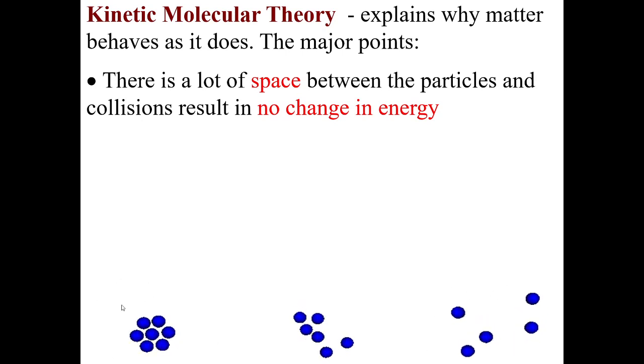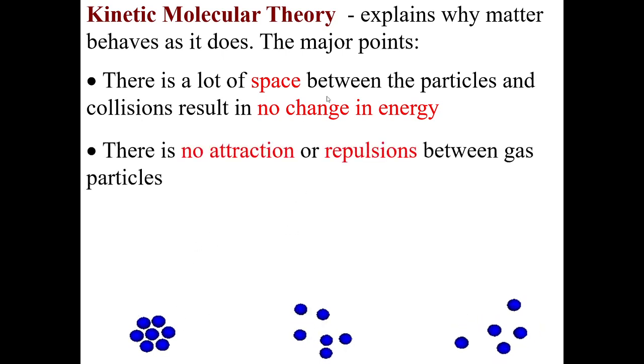They show a solid on the left, a liquid in the middle, and a gas on the right, representationally. And they're just going to keep playing over and over again. As you can see, there's a lot more space between the gas molecules than the liquid and the solid. And we'll talk about the no change in energy in a second.